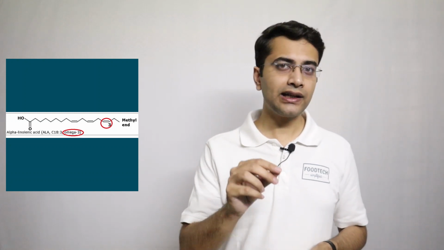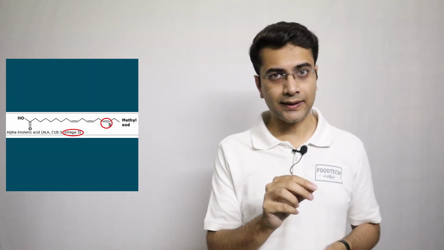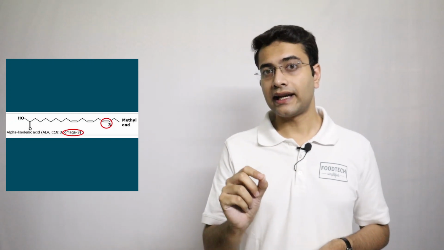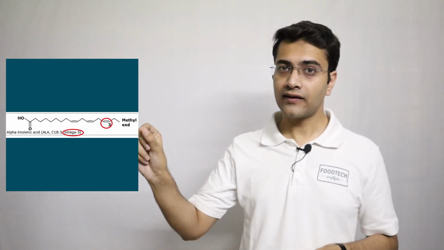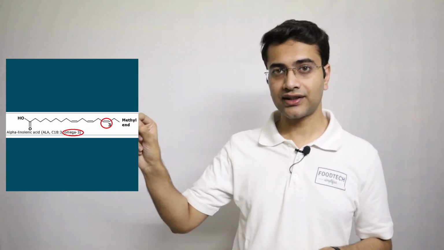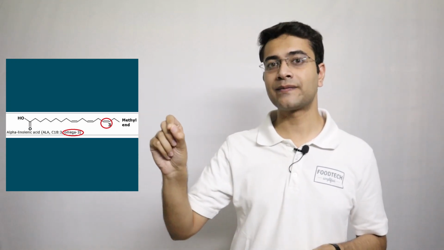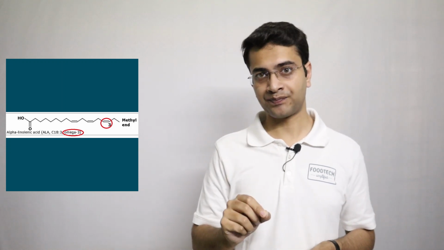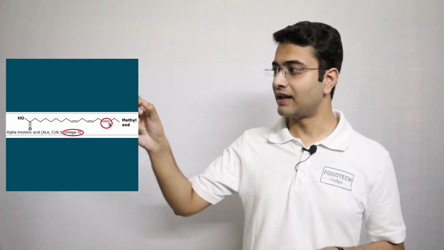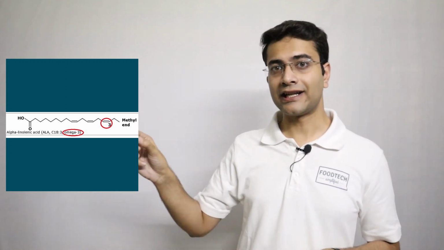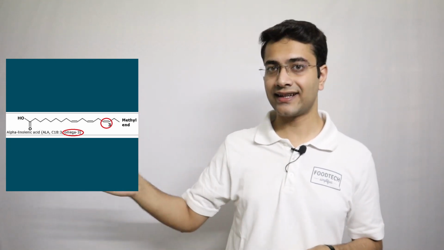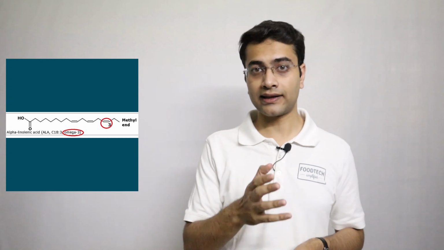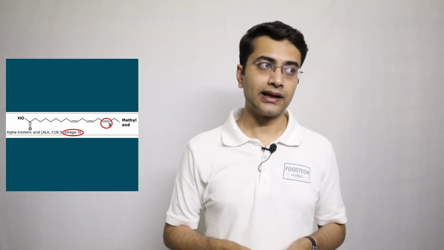So why do we specifically call linolenic acid omega-3? Because the first double bond in omega-3 fatty acid, or linolenic acid, if we start counting from the CH3 group, is present at the third carbon atom. Let me repeat it once again. The first double bond is present at the third carbon atom when we start counting from the CH3 group, and that is why we call it omega-3 fatty acid.